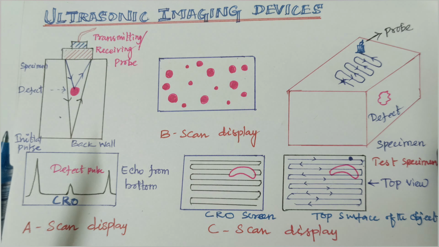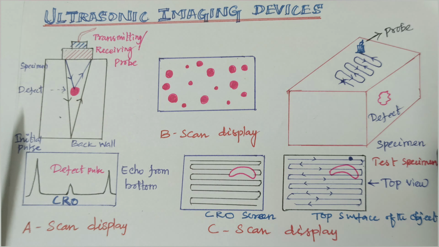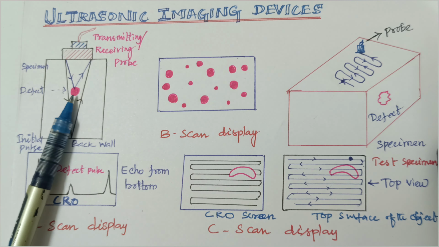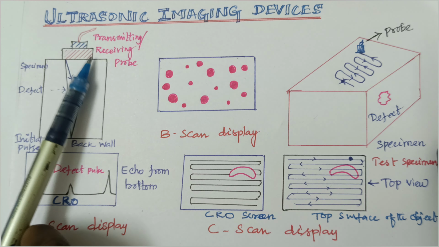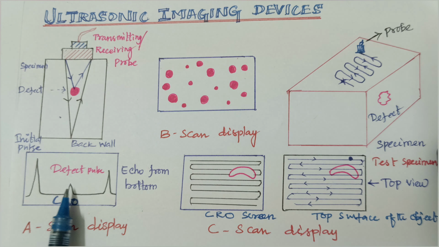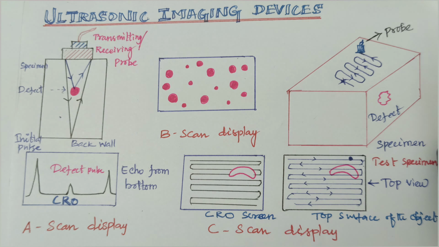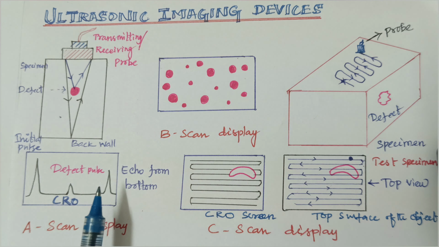Similarly, if the material has any defect inside, the ultrasonic waves fall on the defect and are reflected back, and received by the receiving probe. You can see in addition one peak, that is the defect peak. If the material has no defect inside the sample, you will get the echo from the bottom of the sample, that is the back echo pulse.